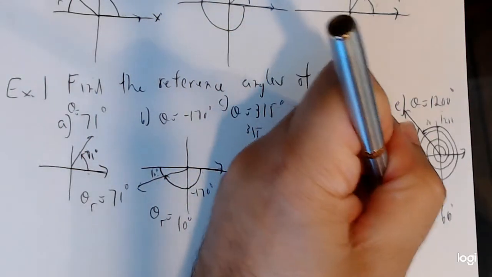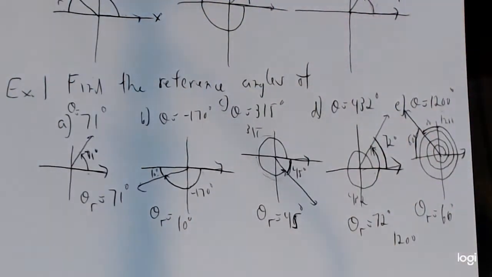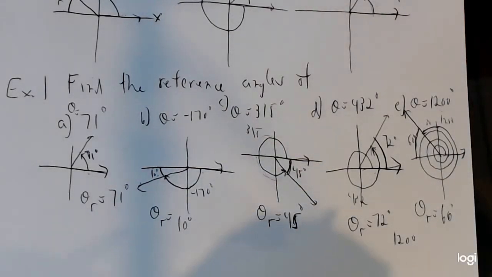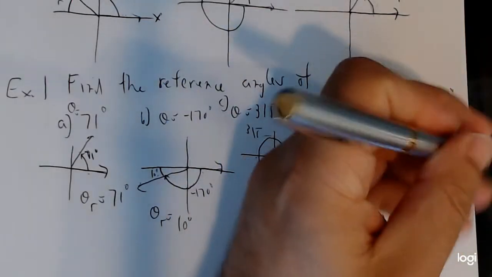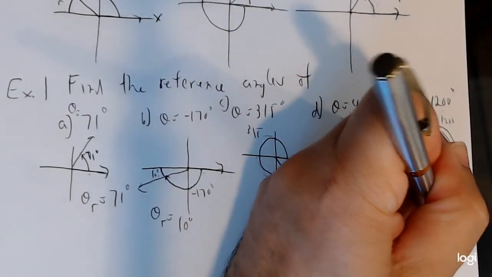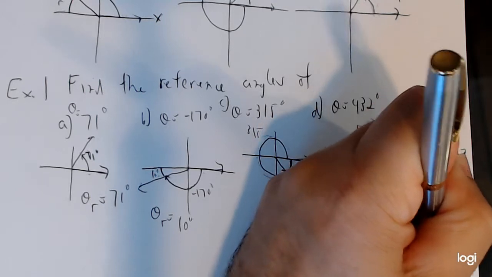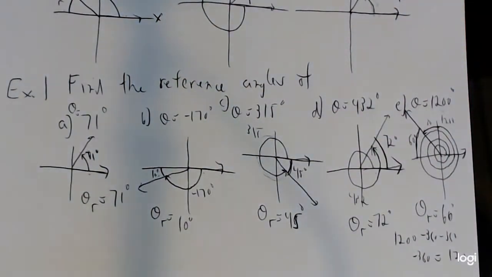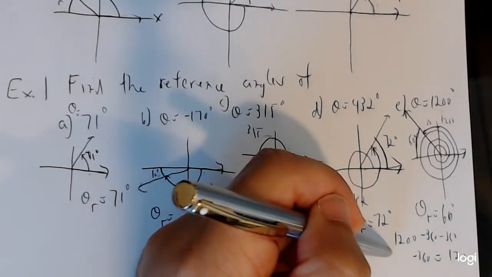If I keep subtracting 360 from 1200, if I subtract 360 once, it'll be 840. Then if I subtract another 360, I get 480. And if I subtract another 360, I get 120. So if you subtract 360 three times, this gives you 120, which then you could draw as 120.